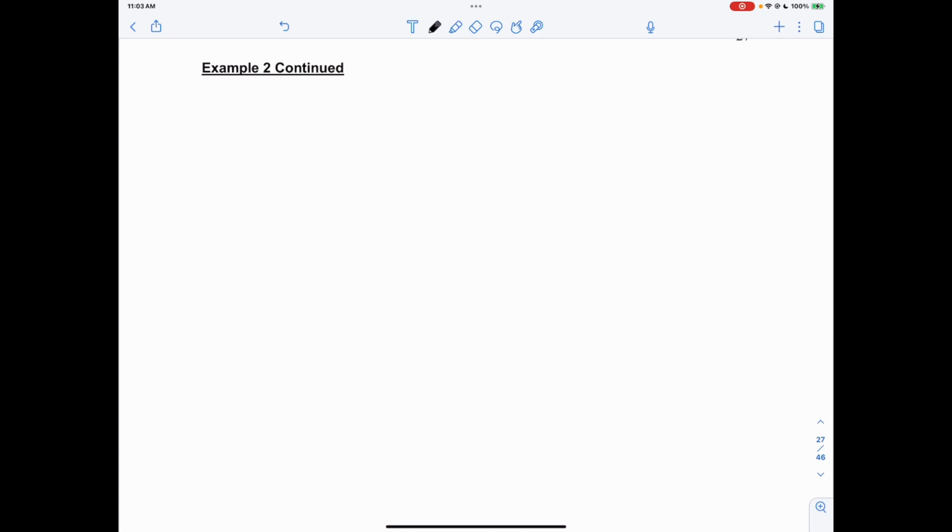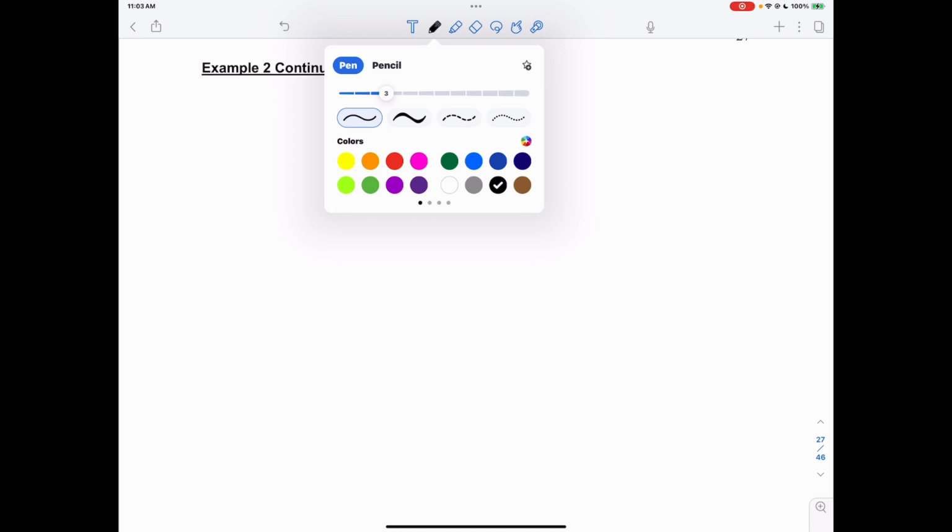So we've confirmed that there's a local maximum at 0, but we still need to find the local maximum point.